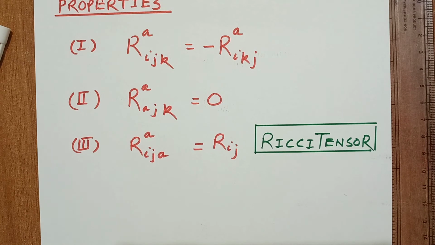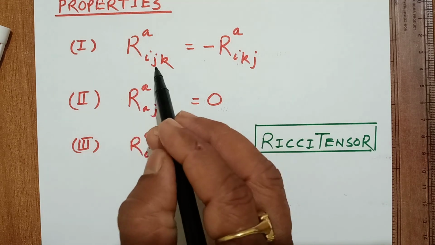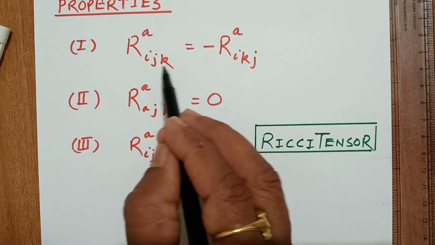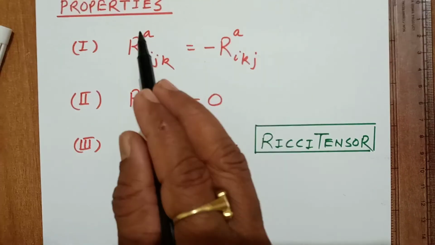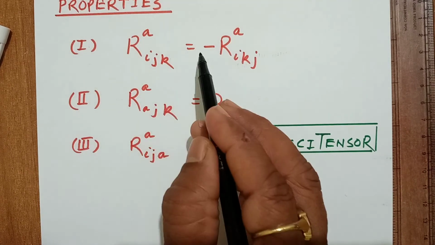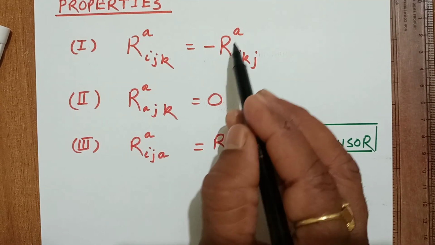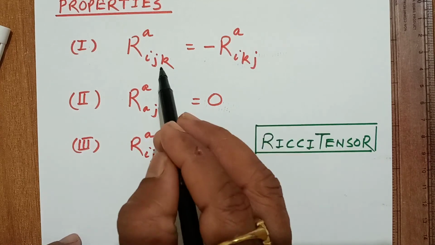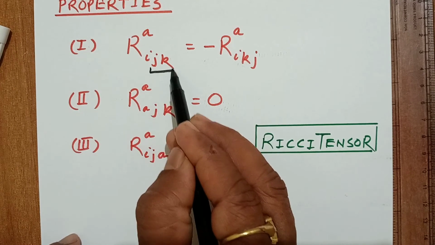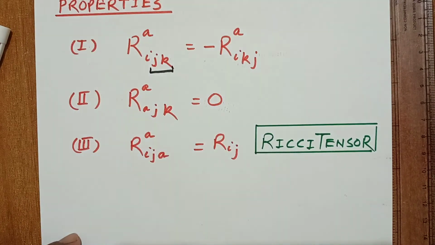Properties of the curvature tensor of second kind, meaning Riemann symbols of second kind. The first property is that it is skew symmetric in two indices: R^a_{ijk} = −R^a_{ikj}, skew symmetric in the indices j and k.